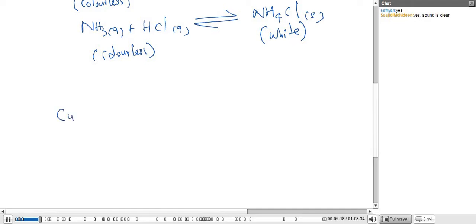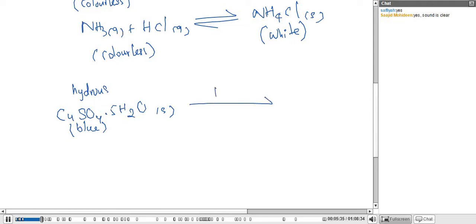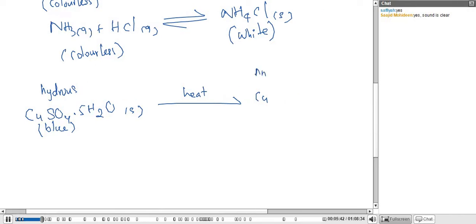Otherwise not. For example, you know the hydrated copper sulfate pentahydrate, which is a blue colored solid. When you heat this, it loses the water of crystallization and forms the anhydrous copper sulfate without water, which is white in color.